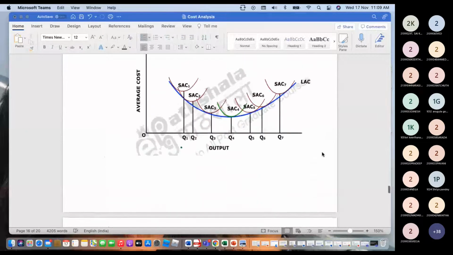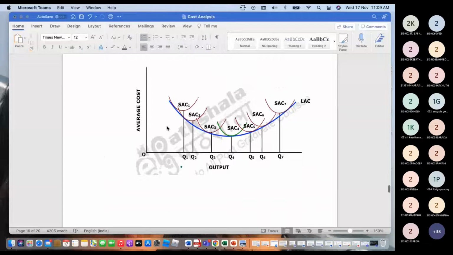So if you see here also, as the firm is increasing its level of output, see the cursor students, its cost is going to decrease.